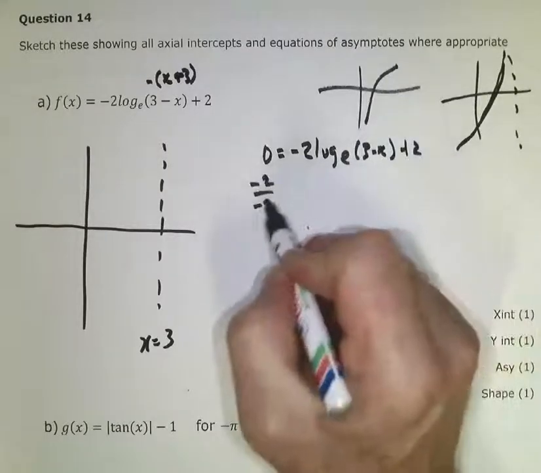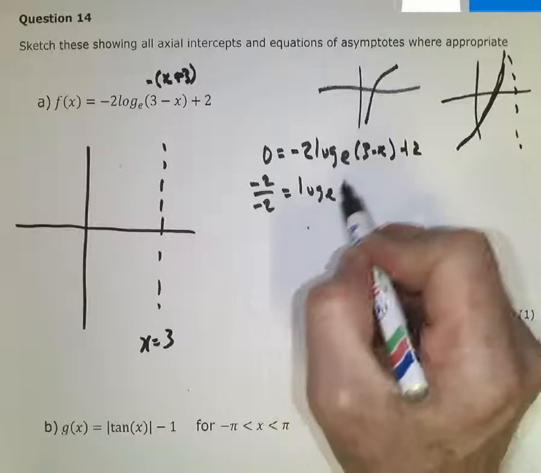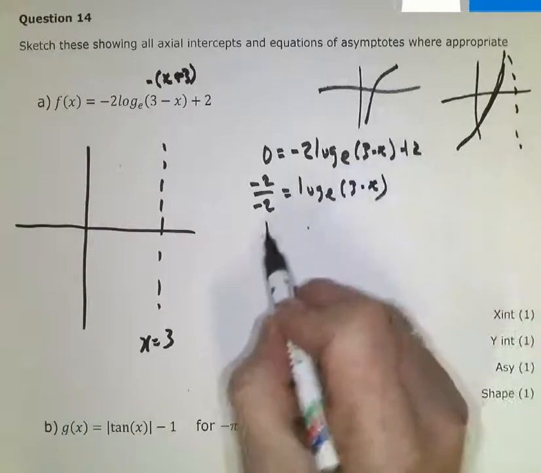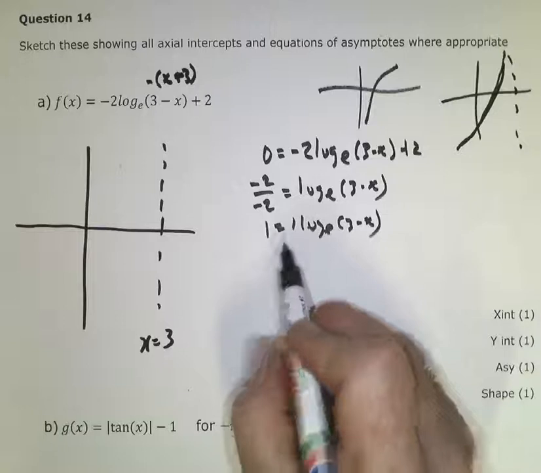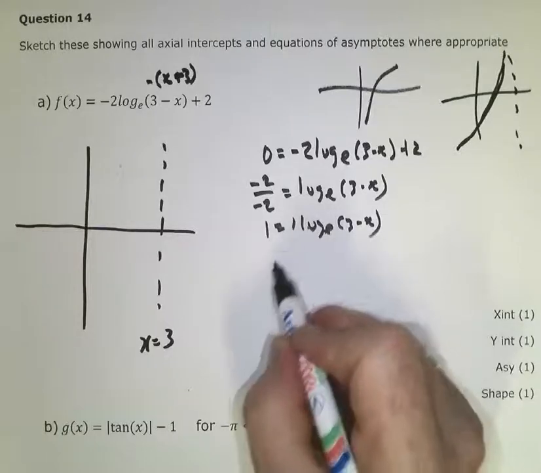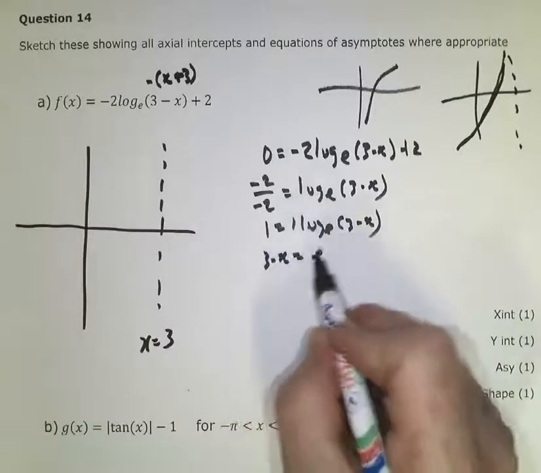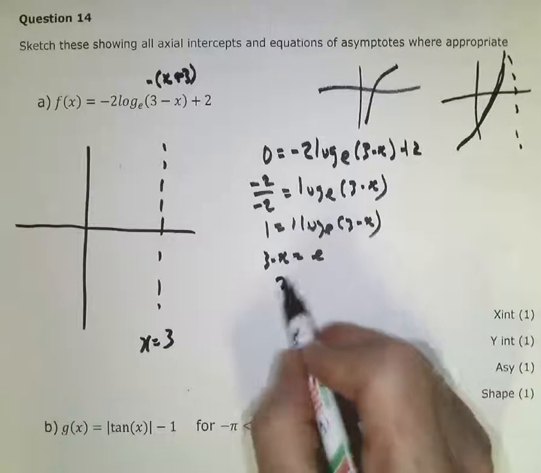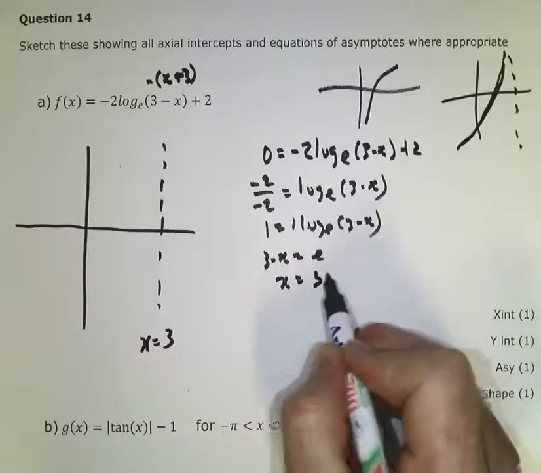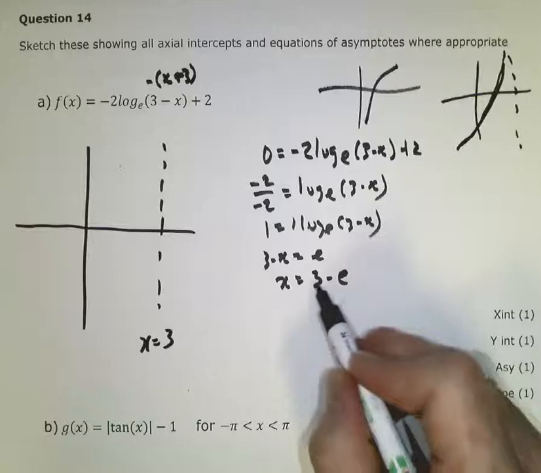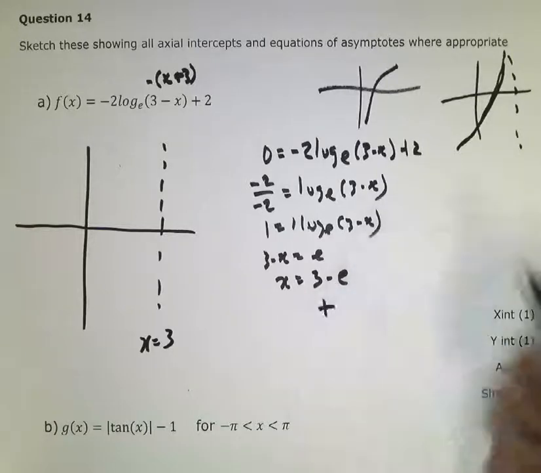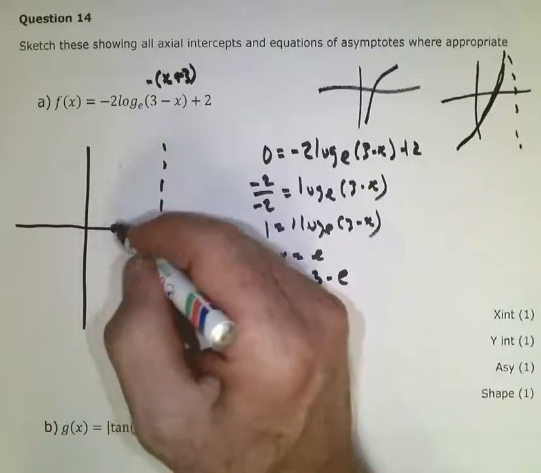Negative 2 divided by negative 2 equals log base e, 3 minus x, 1 equals log base e, 3 minus x. Turning into an exponential, then 3 minus x equals e to the 1, so that x equals 3 minus e. e is 2.7, so 3 minus 2.7 is a positive number, so it's going to be somewhere there or closer.